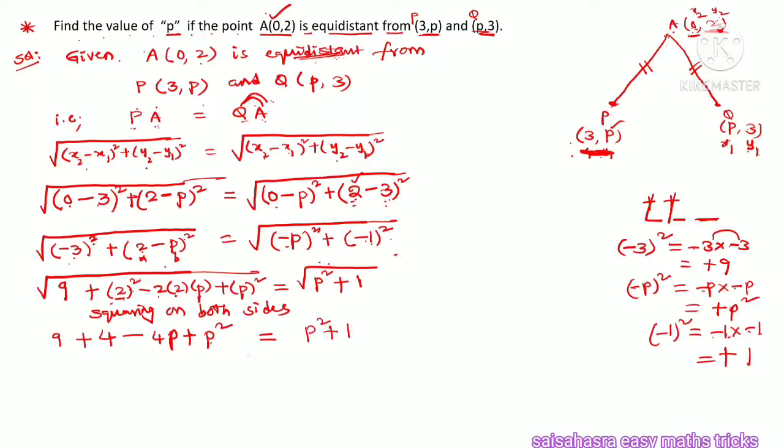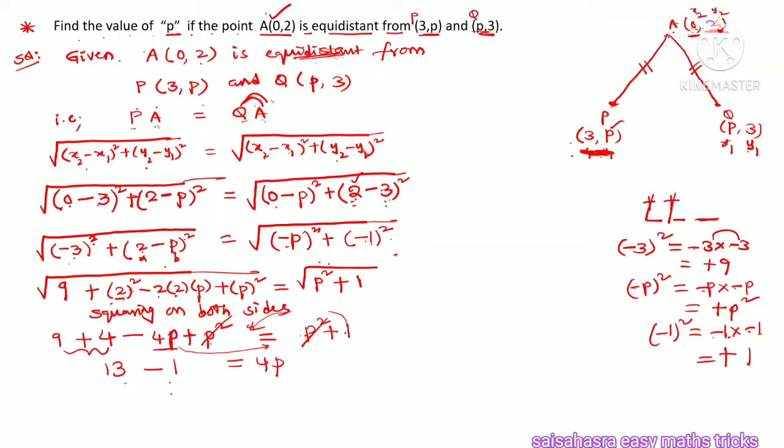So when you transpose this p square to this side, this plus p square and this minus p square, both p square minus p square become 0. Instead of transposing, I wanted to cancel here only. Next, 9 plus 4 is 13. This plus 1 if you transpose to the left side will become minus 1. Minus 4p if you transpose to the right side will become plus 4p.